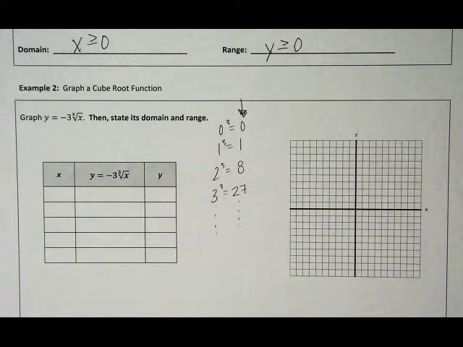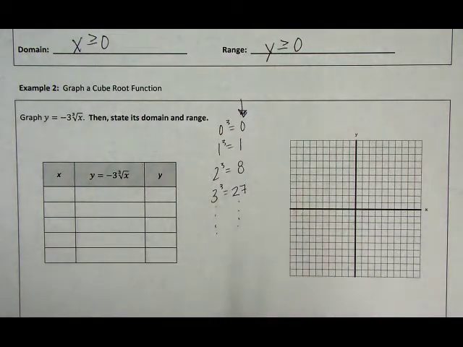I also want to point out that my index for the cube root is 3, which is an odd number. If it's an odd index, remember from our previous lessons, I'm allowed to have negative numbers inside my radical symbol. Unlike example 1, where I have an even index, which is 2 for square root, and can't plug in negative numbers, in example 2 I want to pick nice numbers, positive and negative, to plug into this equation.